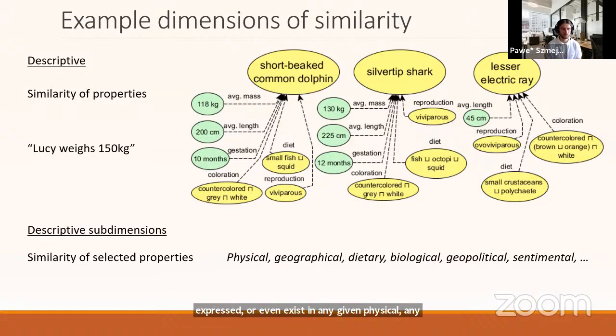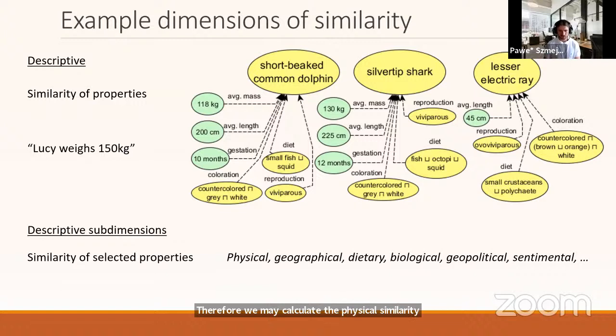So for example, ideas such as computer science or calculation of similarity do not have any physical features, so they will not be represented in the physical subdimension of similarity. Therefore, that dimension is not of any use to us if we want to calculate similarity between concepts. On the other hand, any physical entity has some physical features, physical properties. Therefore, we may calculate the physical similarity between those.